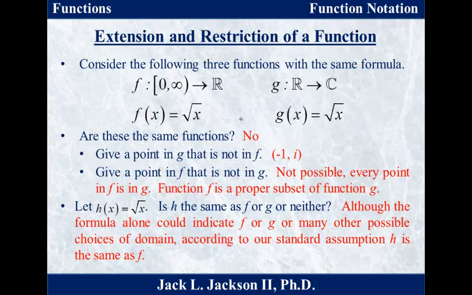That's not an ordered pair in F. It satisfies the rule, the square root of -1 is i, but -1 is not in our domain, 0 to infinity, and i is not in the codomain, the real numbers.